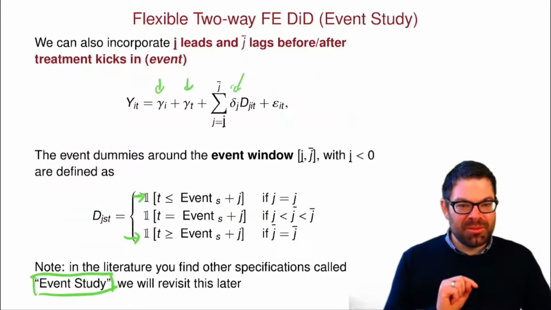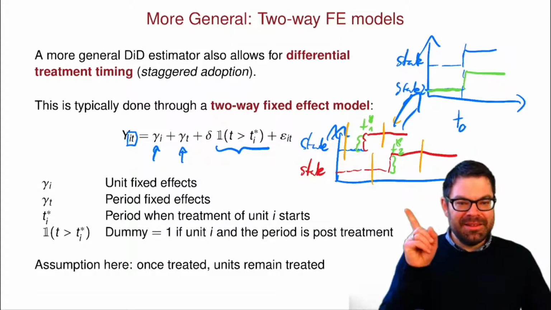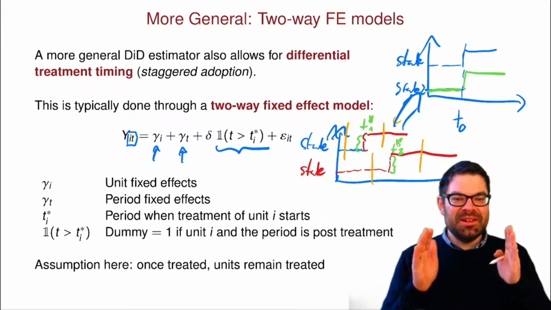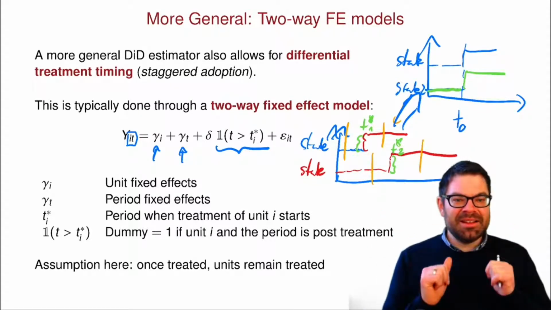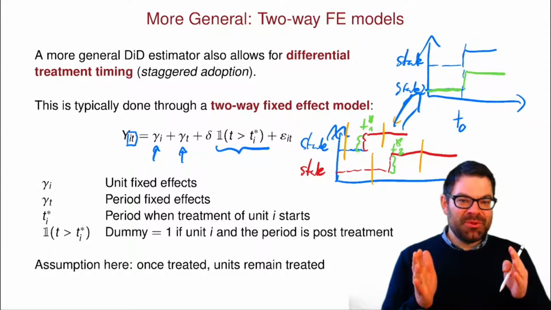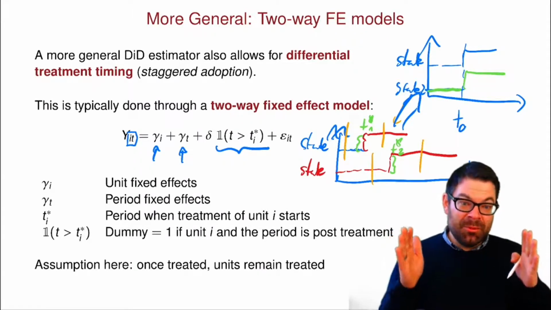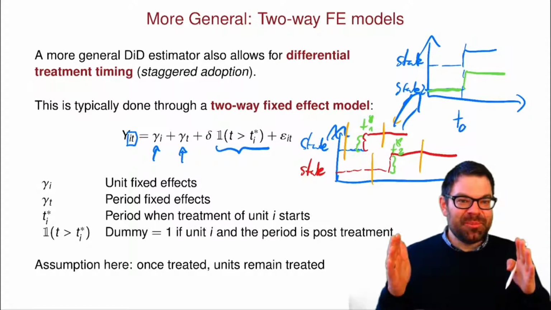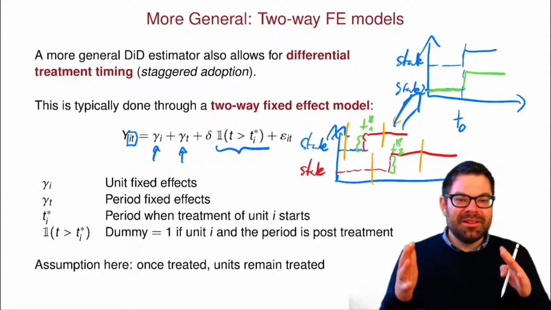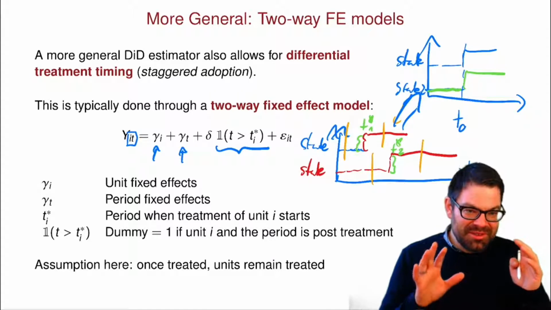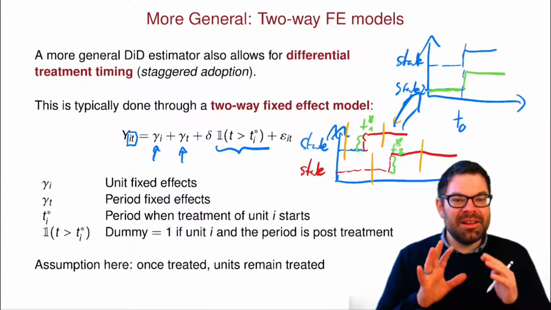So what are some of the tricky things here? If you are in a world like this up here, where different units are treated at different times, and you want to stack them on top of one another, the question is, first of all, how long do you choose the event window? And what they show is that this is far from innocuous. We will look into this later in greater detail in a later video.